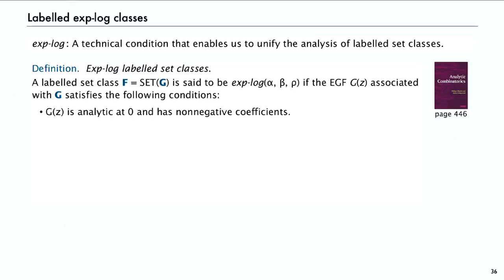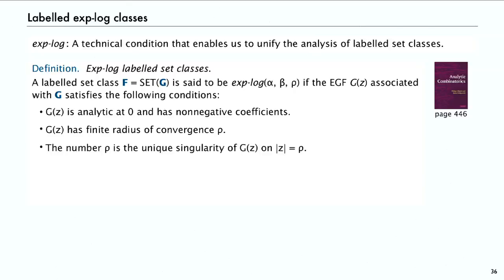That's pretty much automatically satisfied for combinatorial generating functions because we're counting things so coefficients are non-negative. Finite radius of convergence rho has to do with whether it has a singularity or not. Similar to what we saw for meromorphic and other applications, if there are a lot of singularities the same distance from the origin, then you have complicated periodicities. But in a great many applications, it has a unique singularity on its radius of convergence.